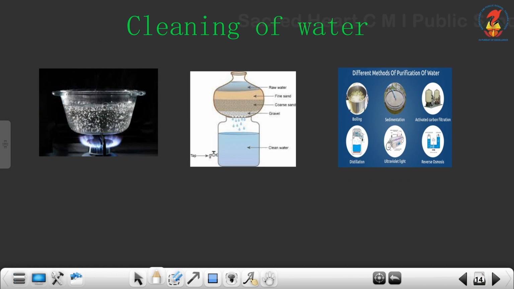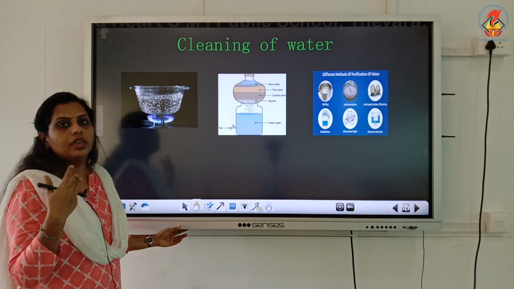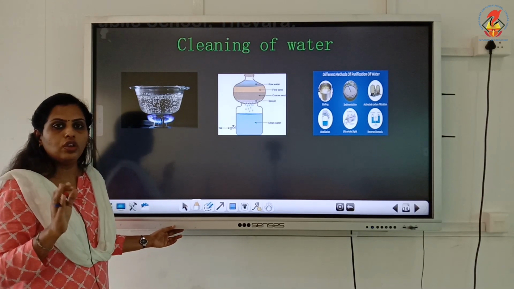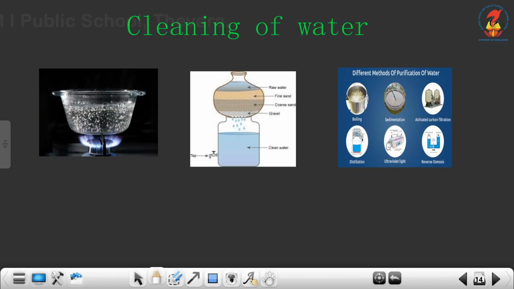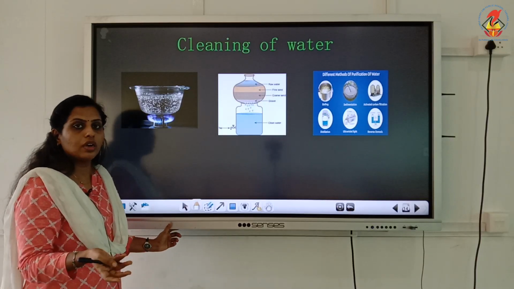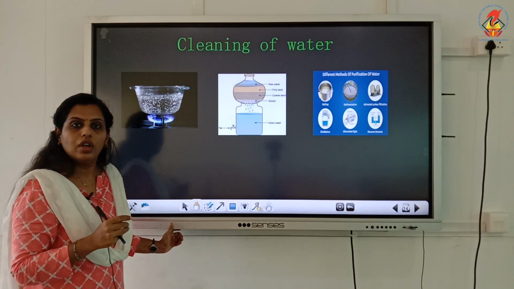Now, next one. How should we turn impure water into pure water? There are different methods. The common method that we use in our house is boiling. When we get the water, we first boil the water and only then take it for drinking.